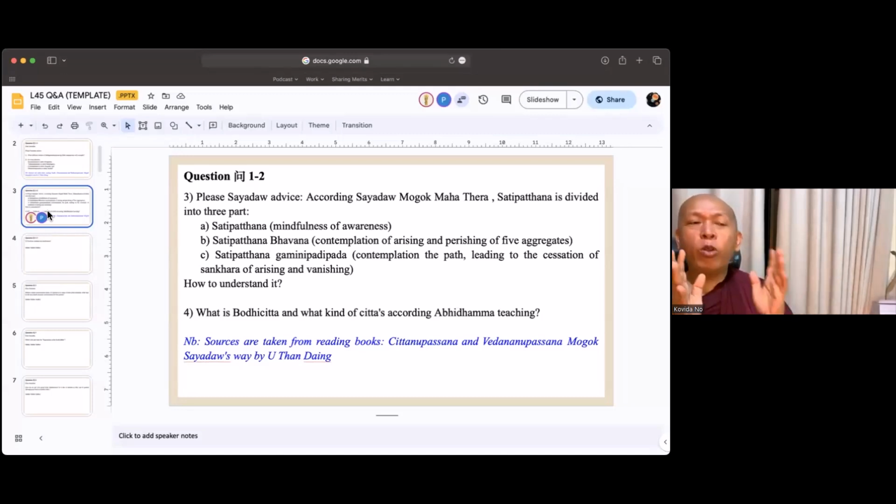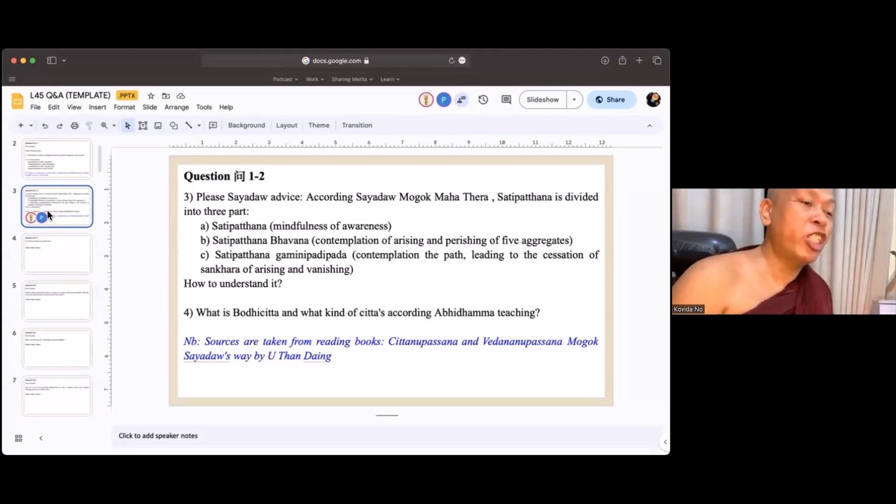When you go and read the Satipatthana Sutta, you cannot find all these things. This is his own creation, for example, explaining Sati and Patthana, Satipatthana Bhavana, Satipatthana Gamini Patipada. So, bodhicitta.